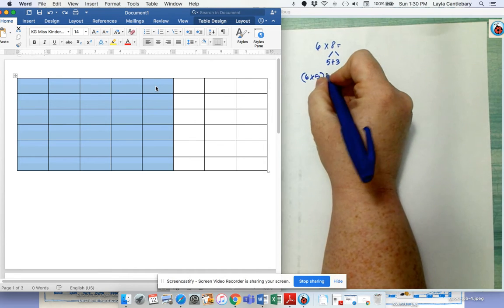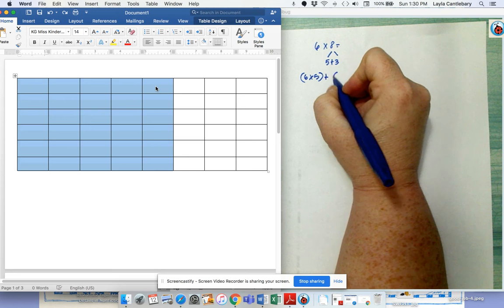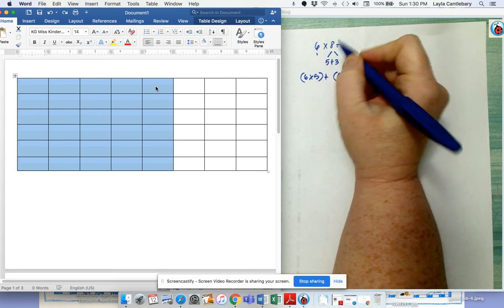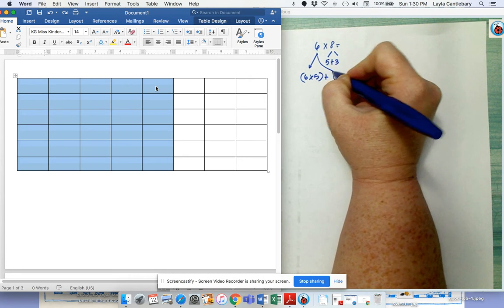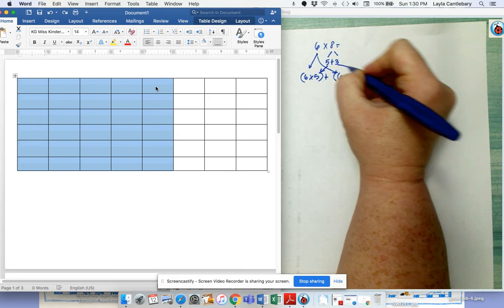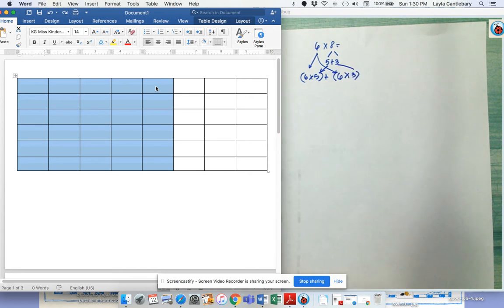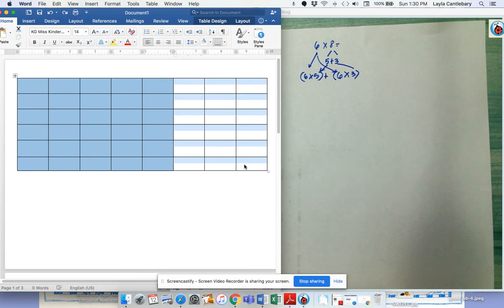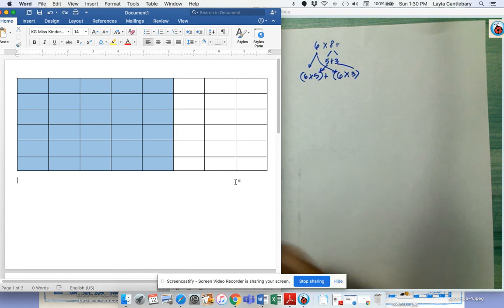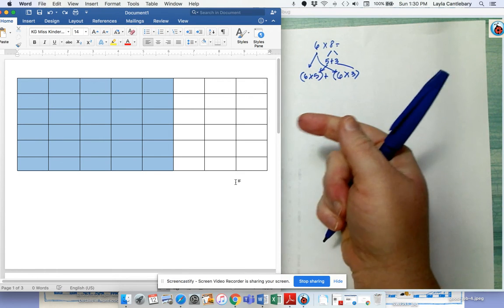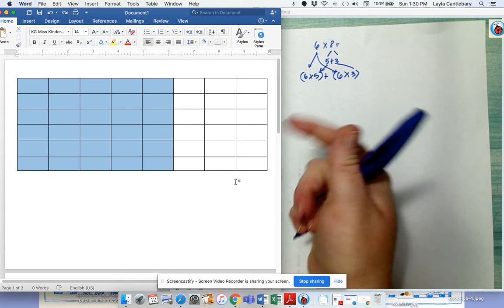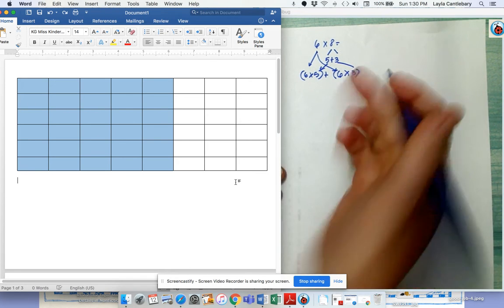And then I'm going to add that to 6, because there's my 6, right? Times 3, because that's the leftover part. So right here, this is 1, 2, 3, 4, 5, 6 times 1, 2, 3, right? So here I've used the area model in this picture, and you use the distributive property by shading parts to make it easier to solve the equation.